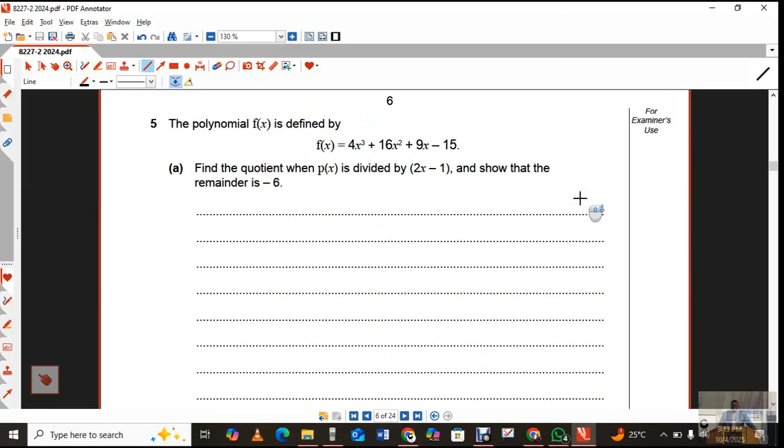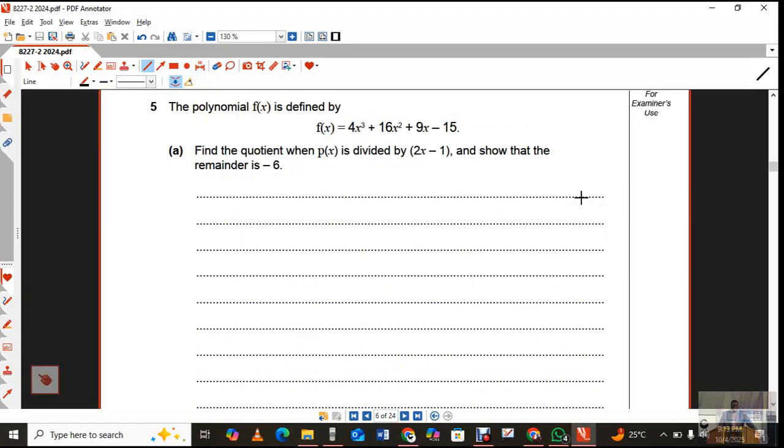Now, I would suggest that you use long division in case you are not 100% familiar with synthetic division, because when you take 2x minus 1 equals 0, 2x is equal to 1, then x is equal to 1 over 2. It means you will have to halve again if you use synthetic division, but you can use long division and you can see what you end up with.